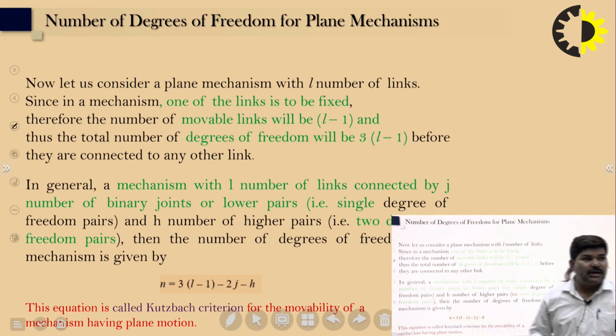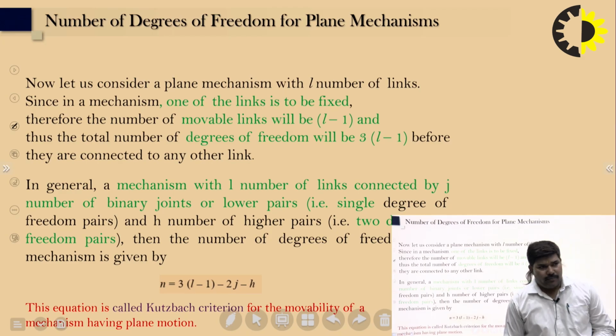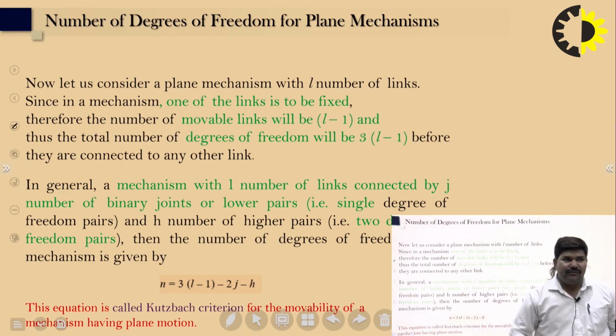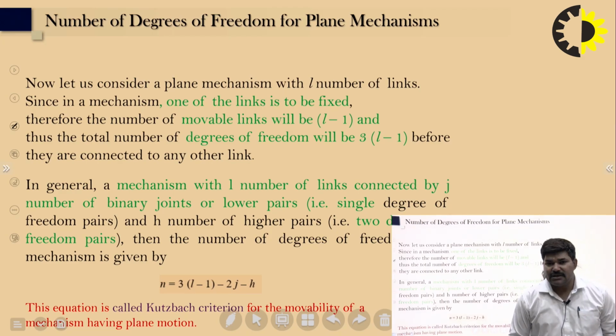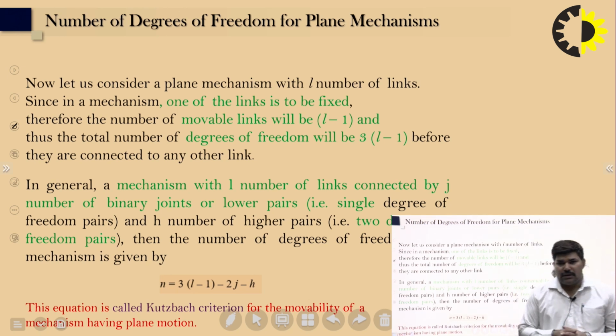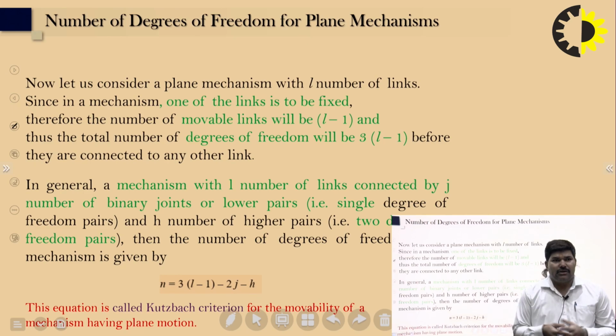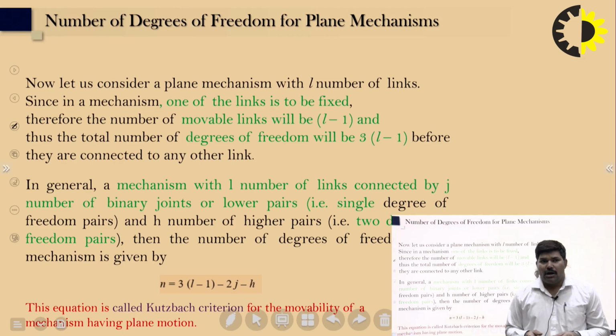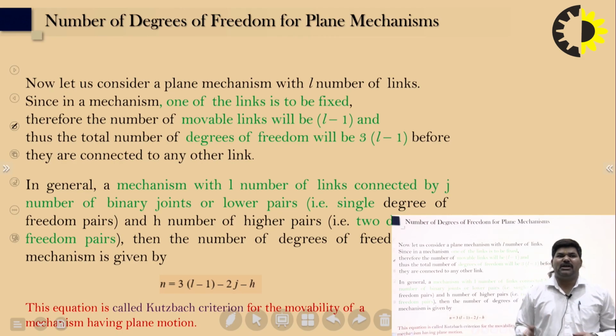Now let us consider a planar mechanism with L number of links. One link is fixed, therefore the movable links are L minus 1, and thus the total number of degrees of freedom will be 3 into L minus 1 before they are connected to any other links.